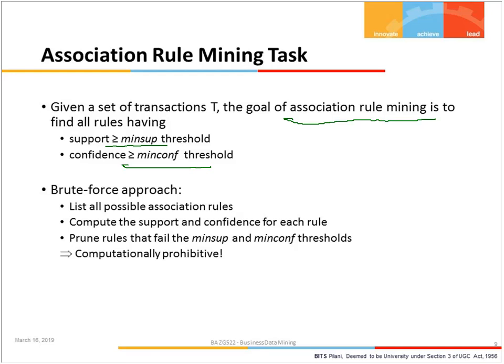So how do we get those association rules? One approach, which obviously we will not do, is what we call the brute force approach. We will look for smarter approaches which are optimal and efficient with respect to resource usage, and fast. The simplest brute force approach is to list all possible rules, compute the support and confidence for each rule, and prune the rules that fail the minimum support and minimum confidence thresholds.